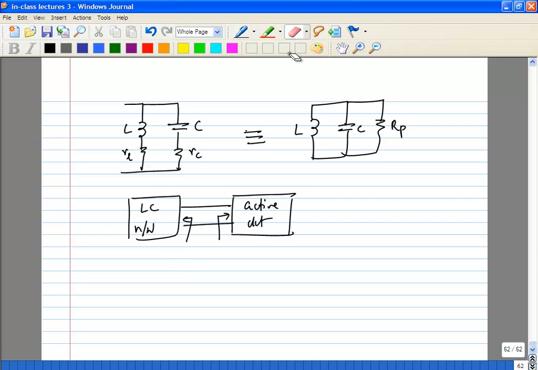Actually, let's use Y. So in general, if you have an LC network, it's going to have a real portion and an imaginary portion.